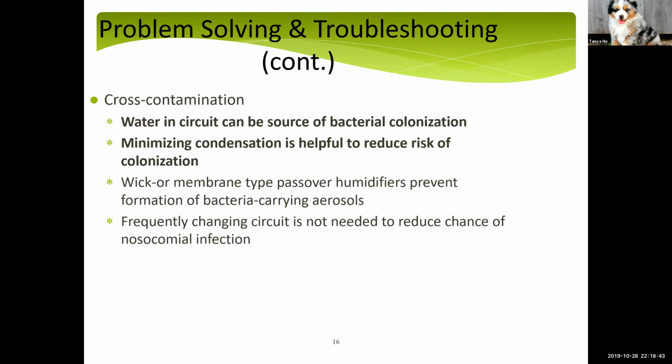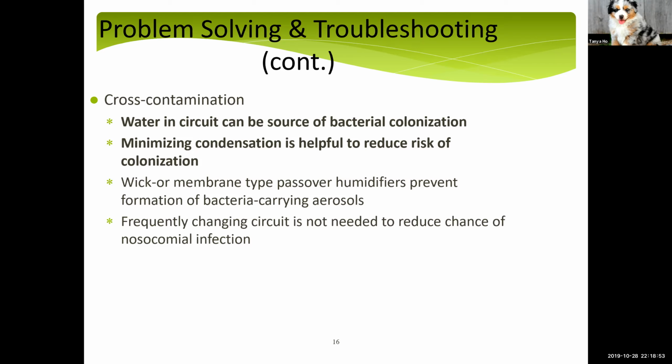Some other problems are cross-contamination. Like I said, condensation is a great place for bugs to grow, and you provide a beautiful little environment for bacteria. So you want to get rid of that water and minimize the condensation. The other thing is they talked about frequently changing the circuit.